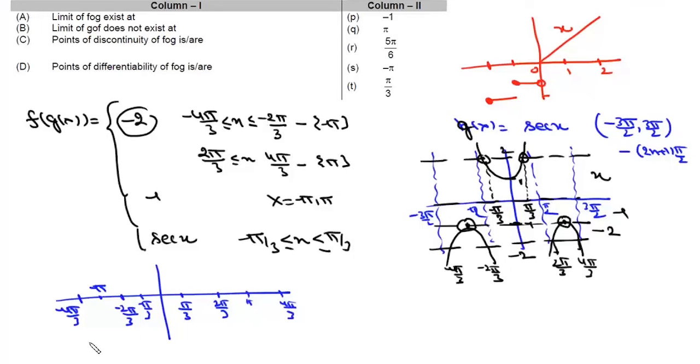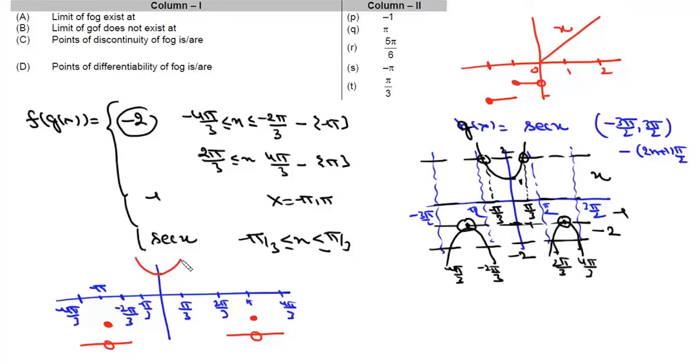Now in between -4 pi by 3 and -2 pi by 3, this value is minus 2 except at minus pi where this is minus 1, and here also it is minus 2 except at pi, and in between minus pi by 3 and plus pi by 3, this is secant x. So it will be this graph.